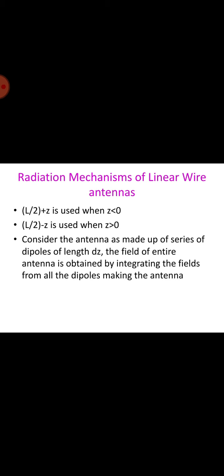By regarding the antenna as made up of a series of infinitesimal dipoles of length dz, the fields of the entire antenna may be obtained by integrating the fields from all the dipoles making up the antenna.